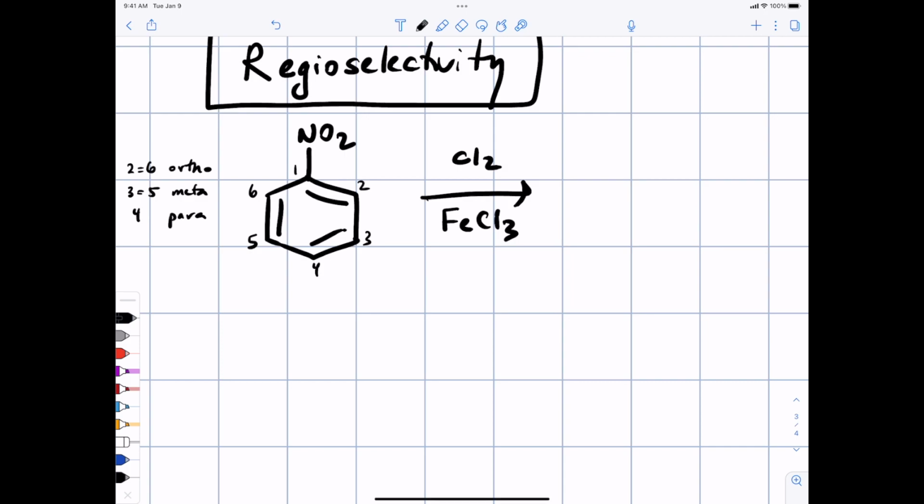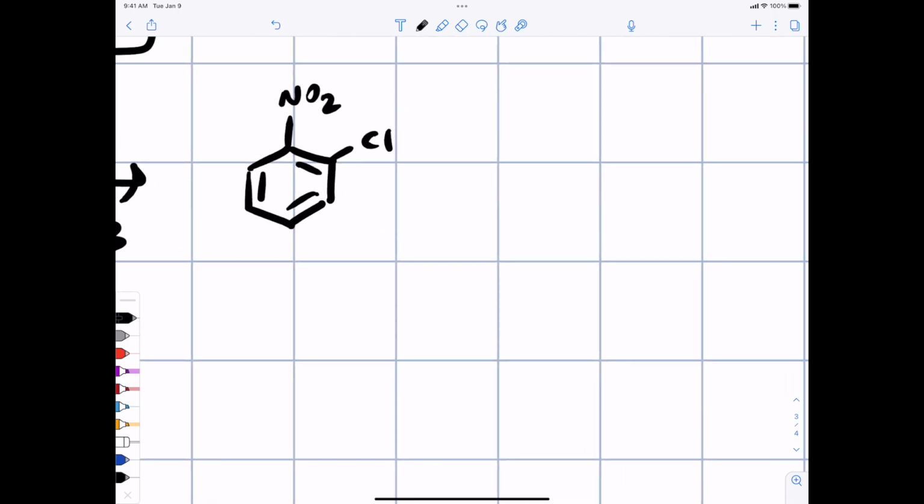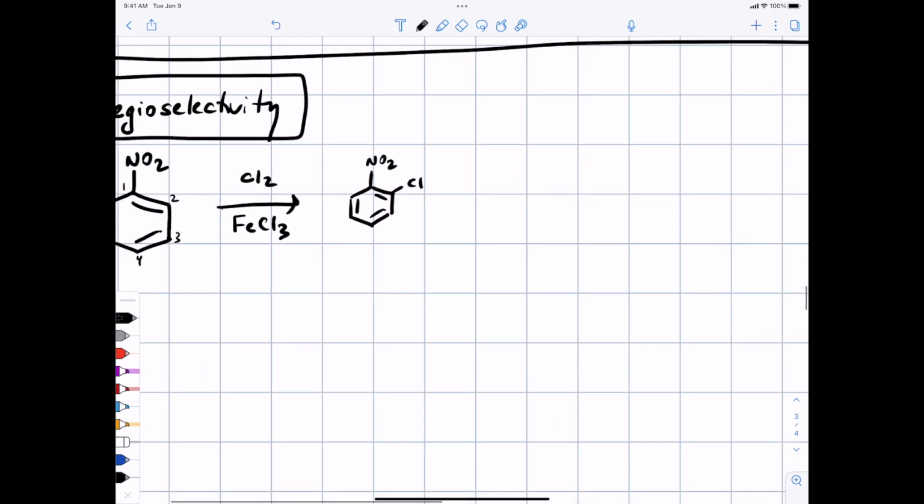And so there's basically 3 places a chloro group can go. You could have chloro on the ortho carbon, on the meta carbon, or on the para carbon.